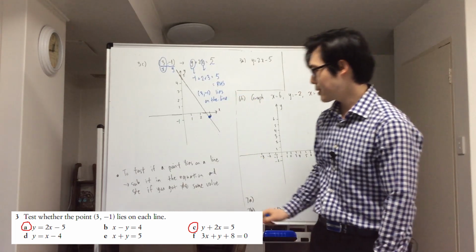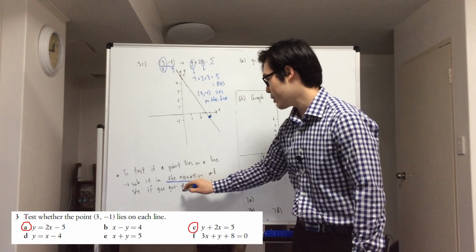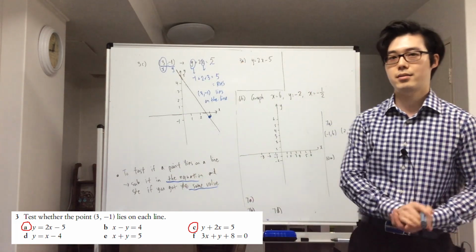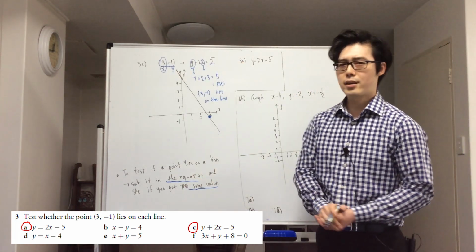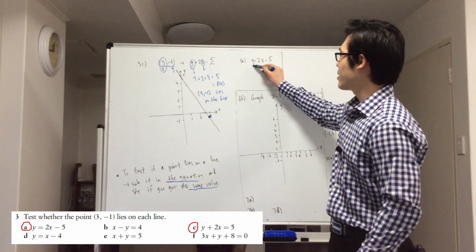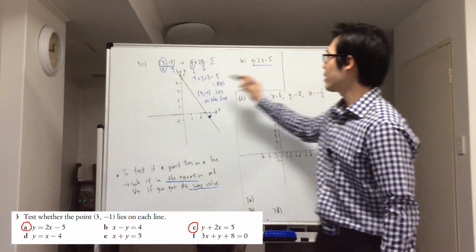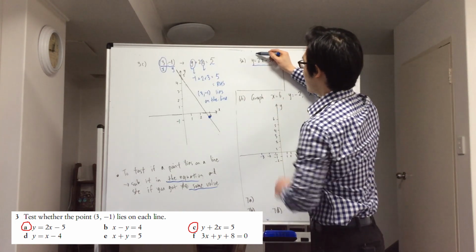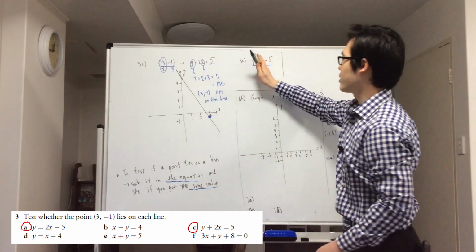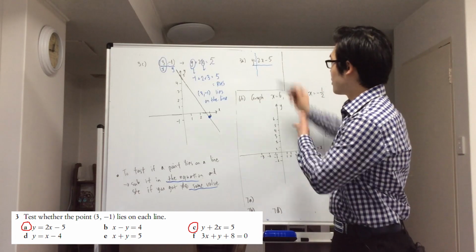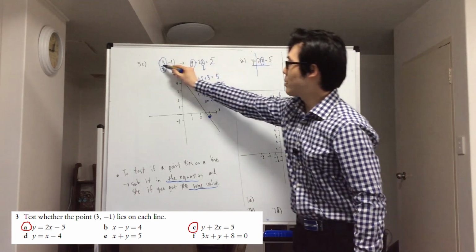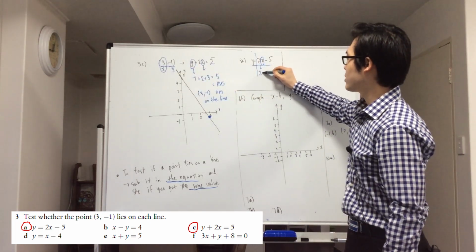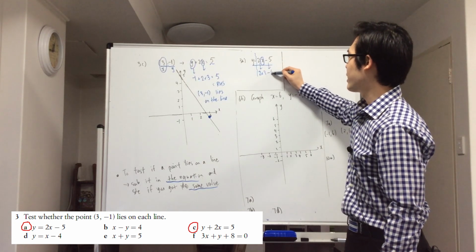You have to sub it in to the equation and see if you get the same value like it says there. Let's have a look at a scenario where it doesn't lie on the line. So we're given this now. Let's see if that same point lies on that line. So this time, when you're given the question like this, just focus on this side. My x is 3. So now I have 2 times 3 minus 5.